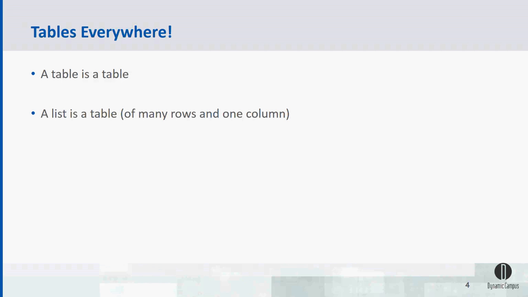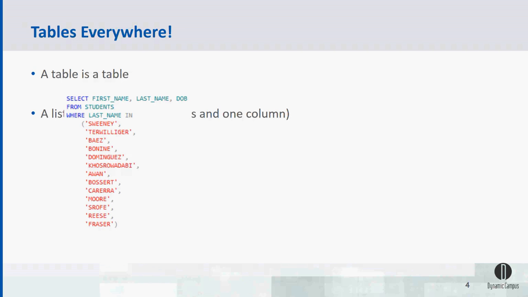A list is a table of many rows and one column. So for example, this list of names is a one-column table. And you'll see how that comes in handy a little bit later.